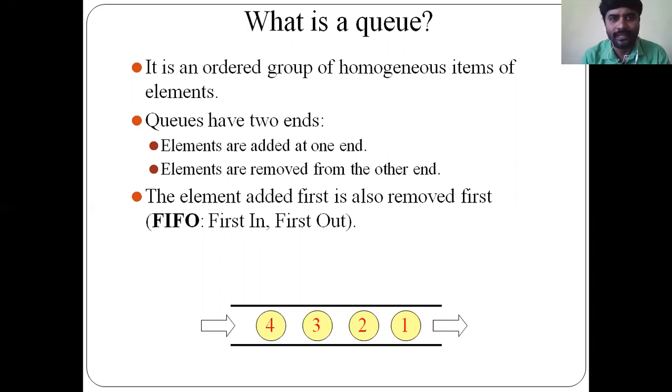A queue is an ordered group of homogeneous items or elements. A queue has two ends. Elements are added at one end and elements are removed from the other end.